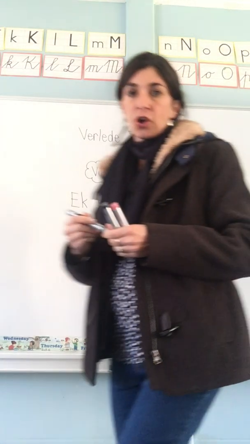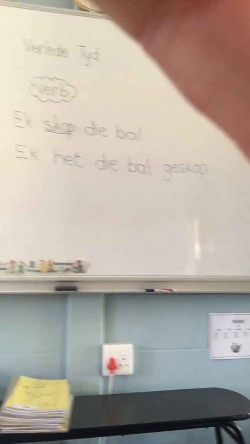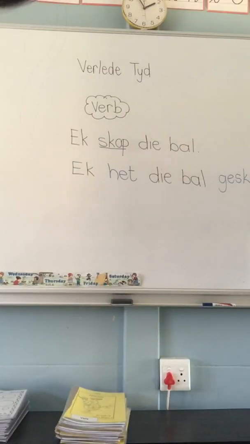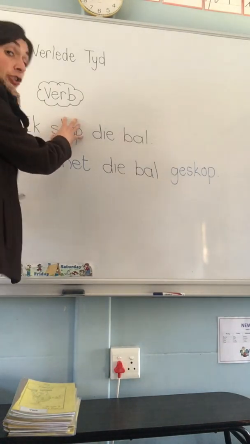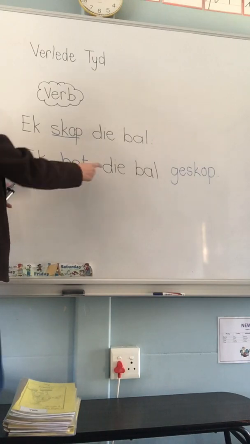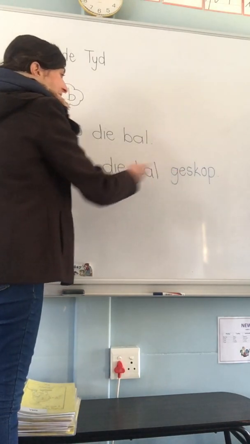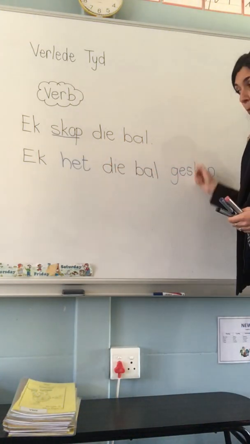Okay, so I say ek het die bal geskop. So what did I do? I took the doing word out, I put het in its place, I carried on, and at the end I put skop back, but I said geskop.